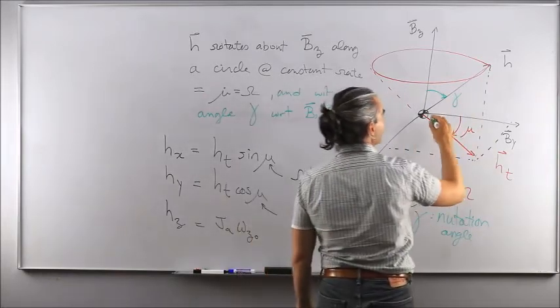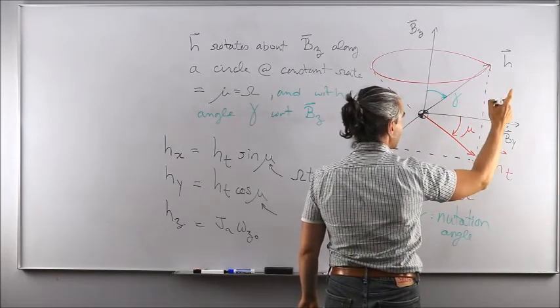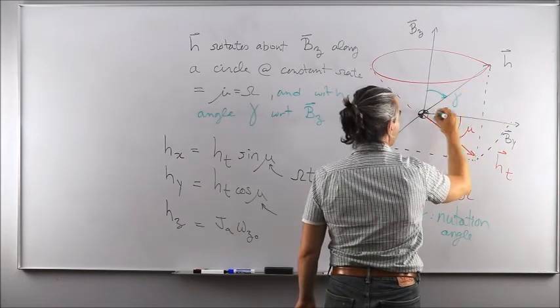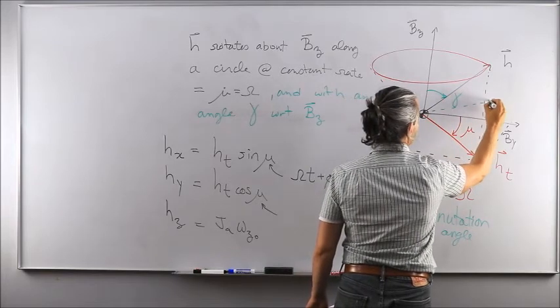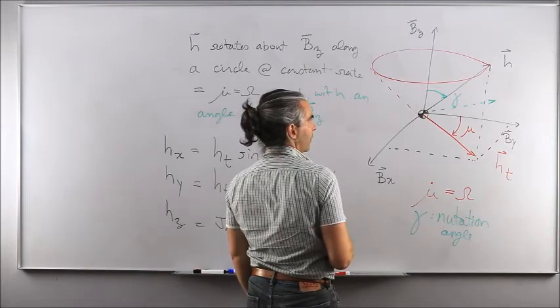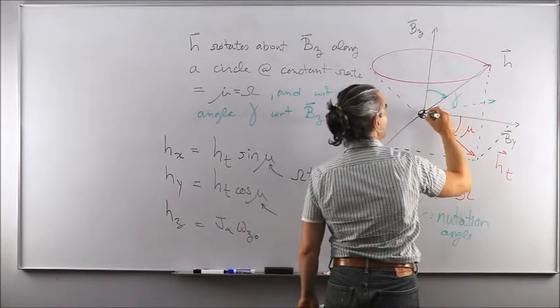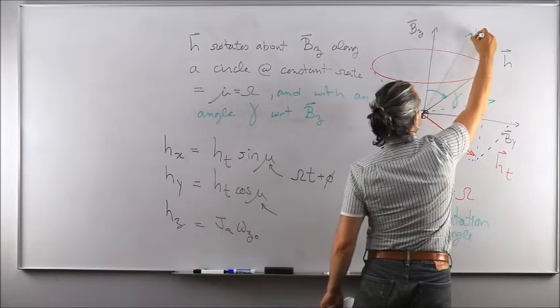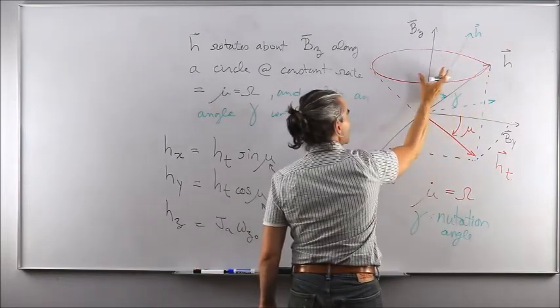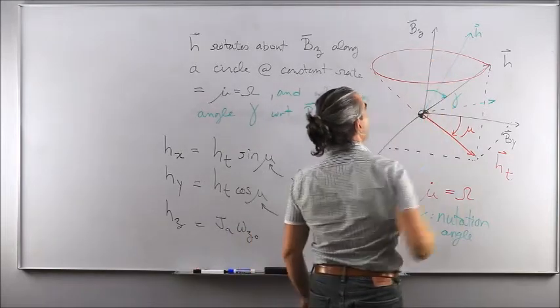Because for a given h vector, if hz would be less, your h vector would look something like this, and therefore the opening of the cone would be much larger. For a larger hz component, this h vector will look something like that, and now the cone is closing and drawing a smaller, tighter circle around bz.